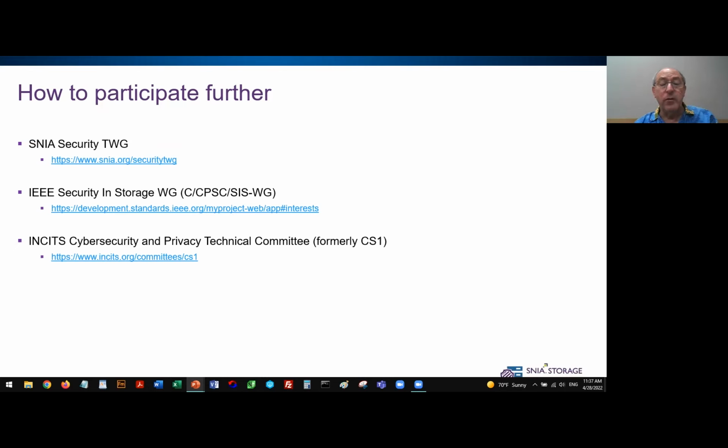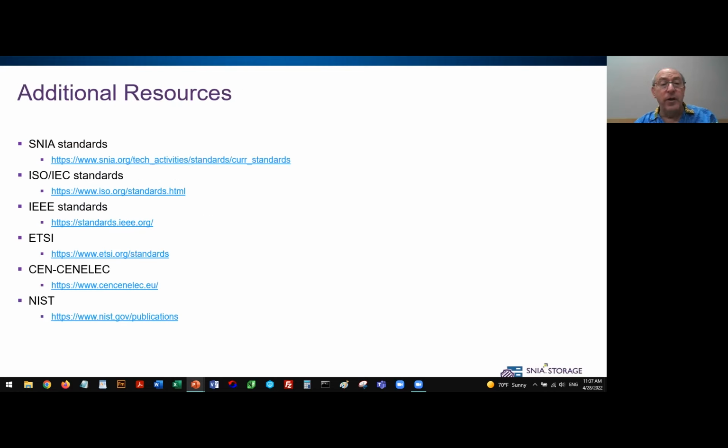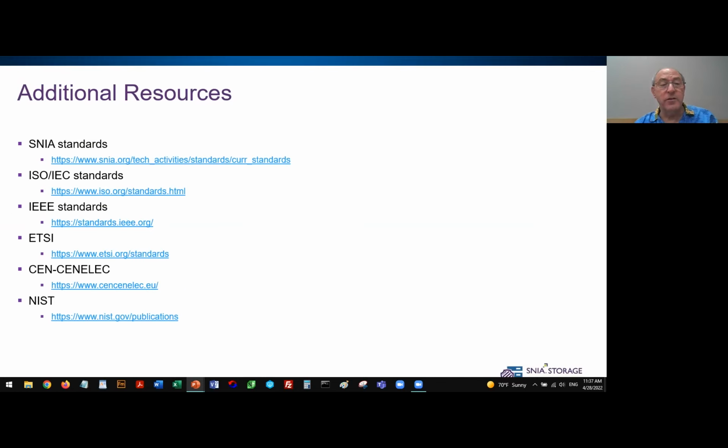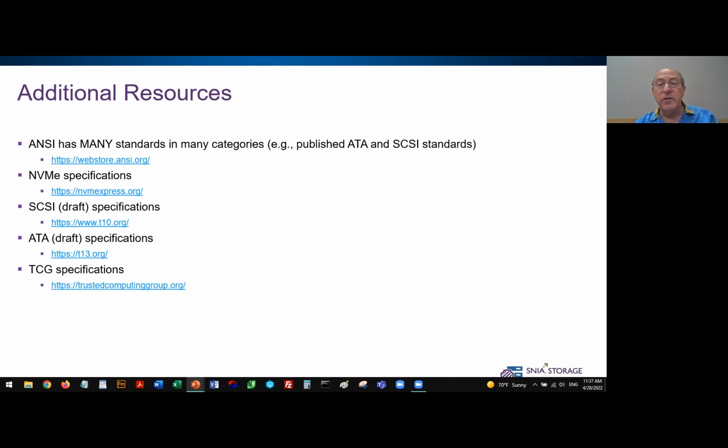So if you want to participate in ISO standards development, join that group. Then here are some websites where you can get the actual standards and more standards. So security standards and storage standards.